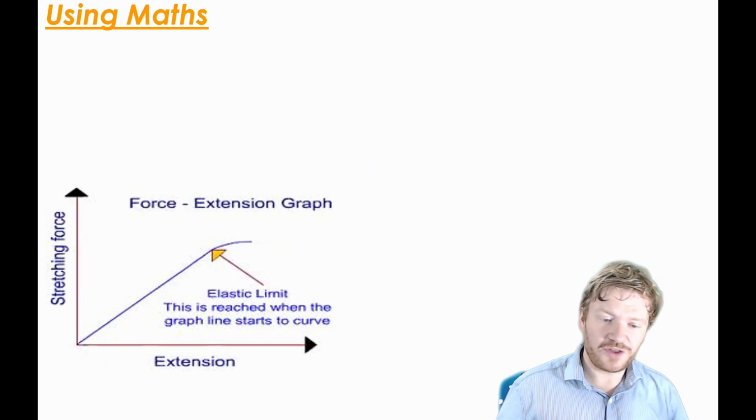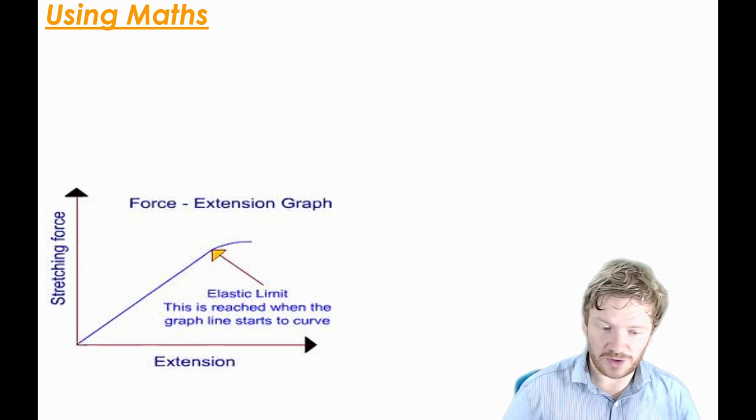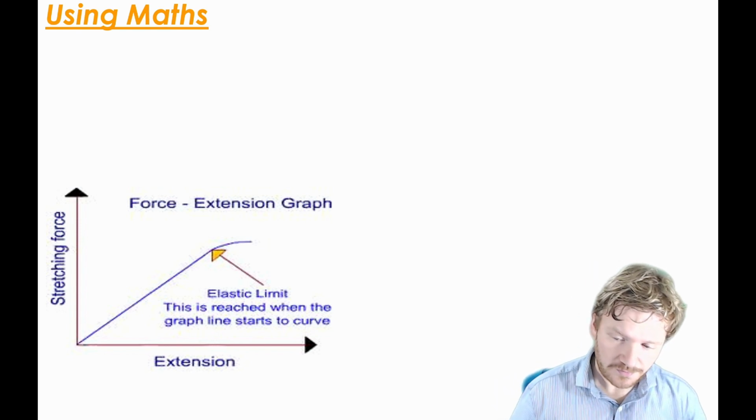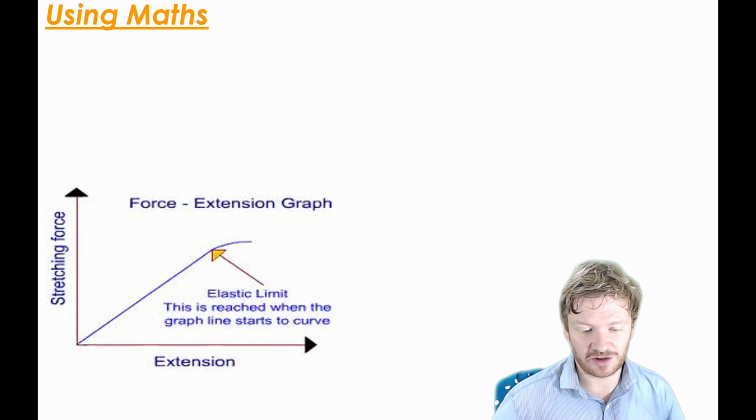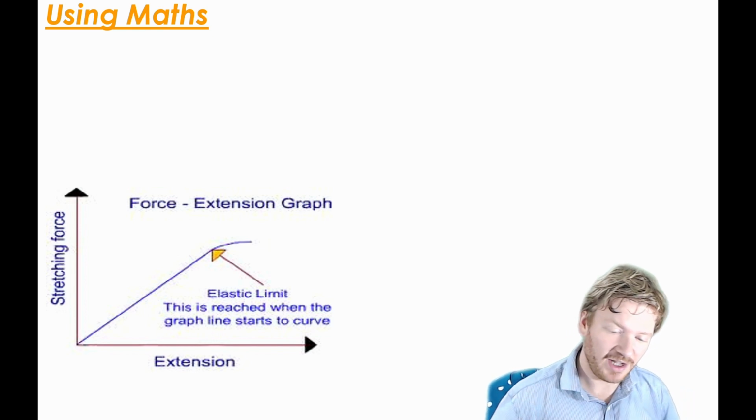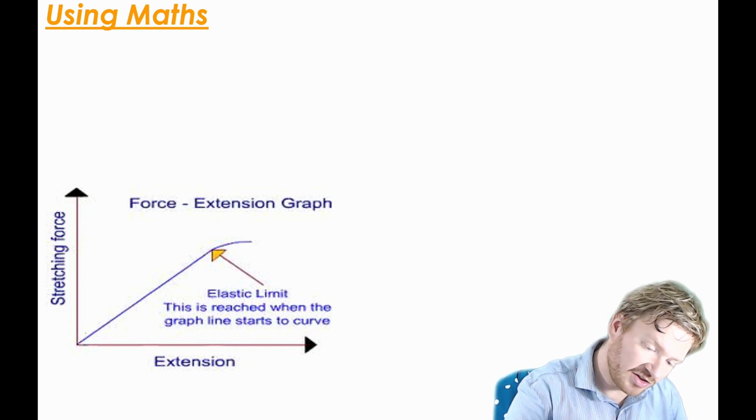So one of the cool things about physics is we love to do a little bit of maths. And a bit like I did with the forces, mass times acceleration, we can apply this to a graph. So this is only going to work for the straight section.